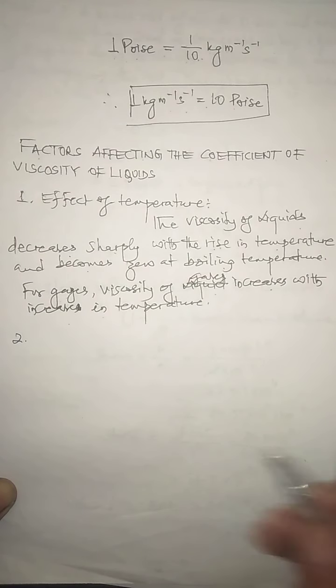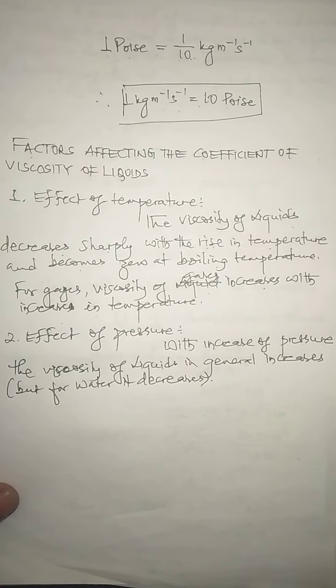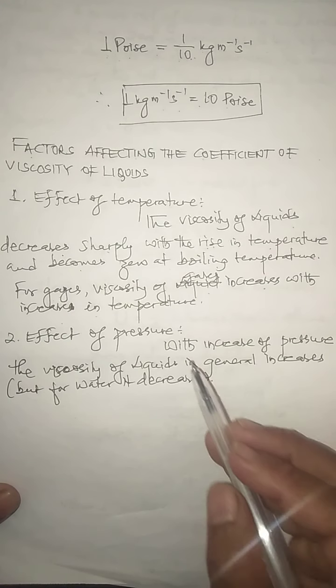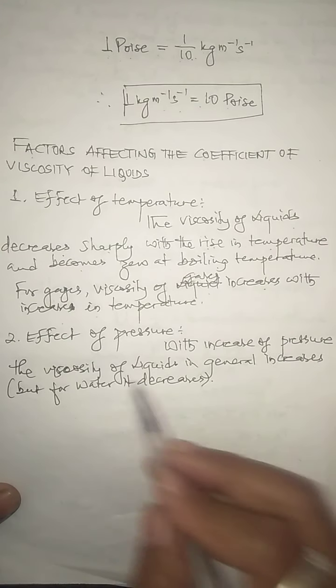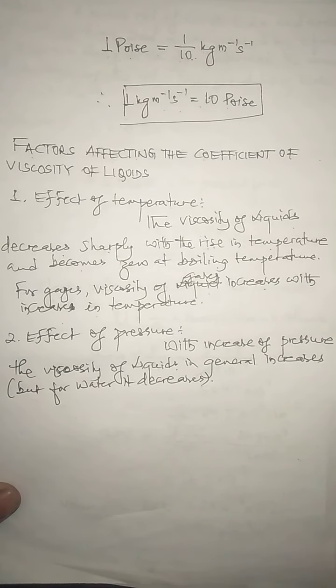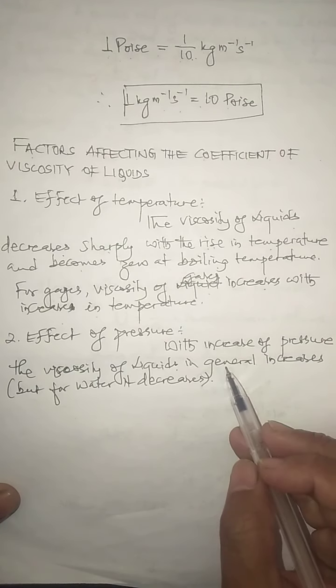The next factor that also affects the viscosity of liquid is the pressure. So I write down effect of pressure. With increase in pressure, the viscosity of liquids, almost all liquids except water, generally increases.